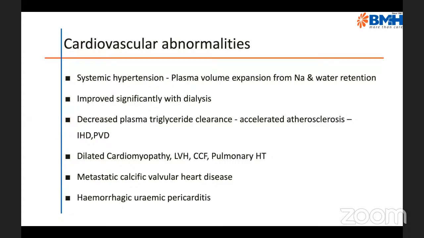Sometimes you can have metastatic calcifications in the valves, mostly the aortic and mitral valves, and rarely they can have aortic stenosis also. Hemorrhagic uremic pericarditis is also not uncommon.